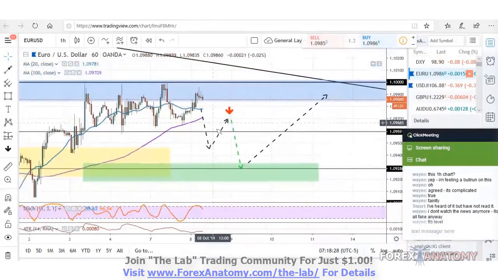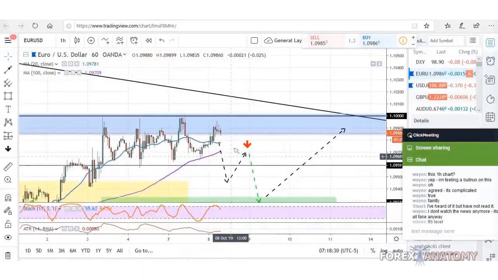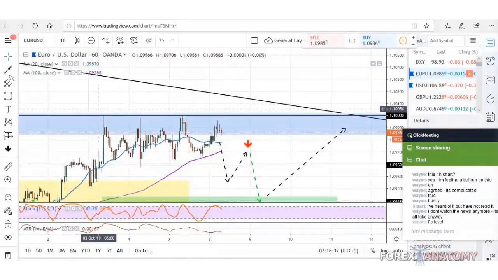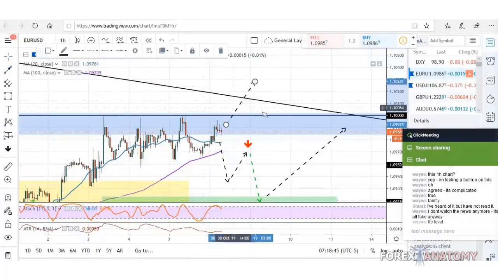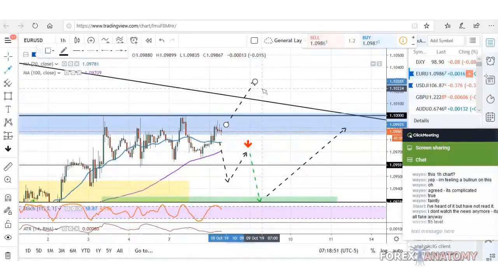Now let's just say that price does break to the upside. If we see price break to the upside and break above this zone, this $1.10 zone, and even break above this descending trend line resistance, or this descending channel resistance on the daily, then of course we need to have a bias to go to the upside, a bull bias.